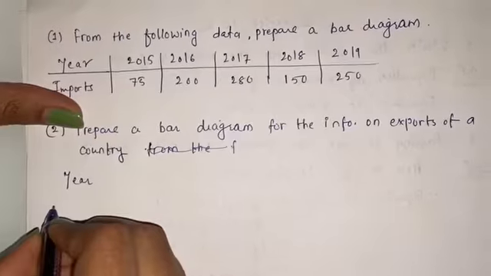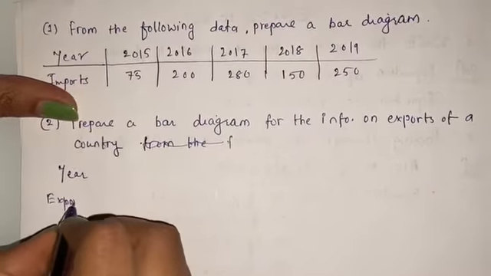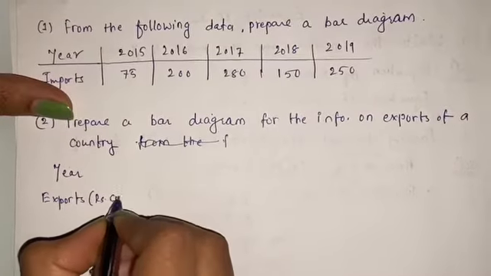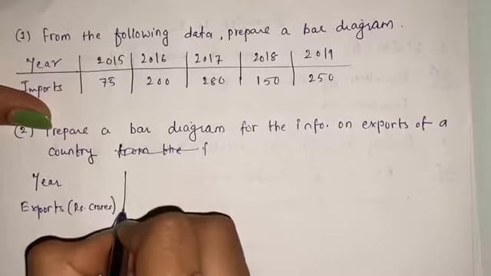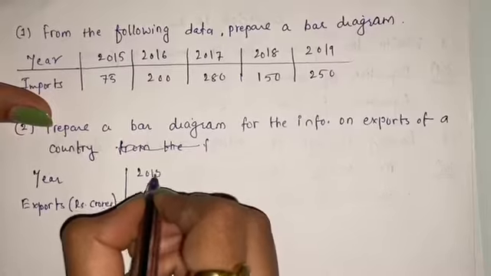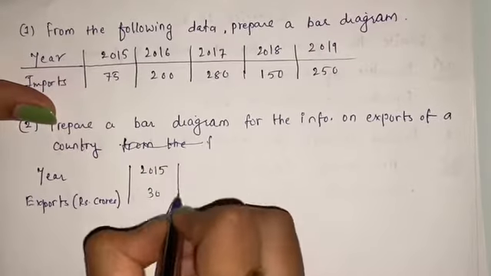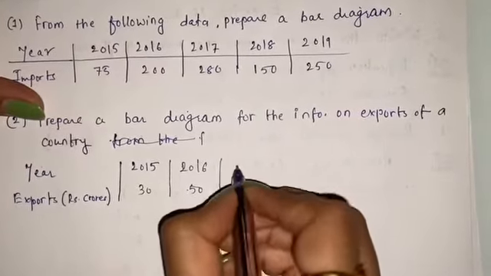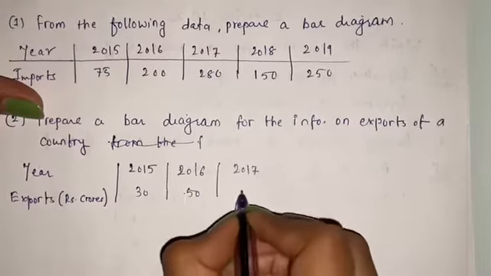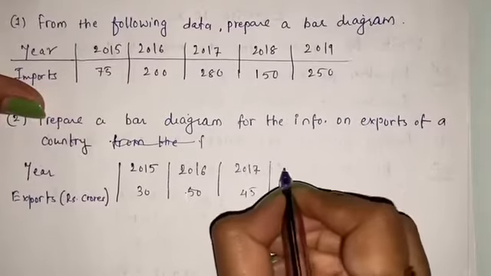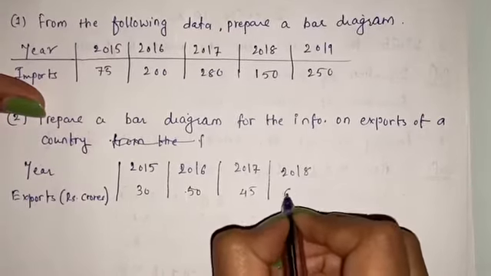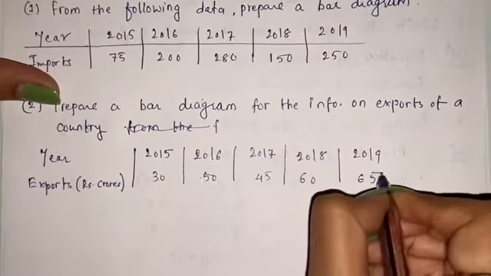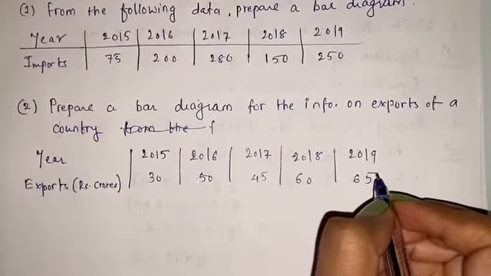Again year, and this is exports in crores. 2015 30 crores, 2016 it will be 50 crores, 2017 45, 2018 it will be 60, and 2019 it will be 65.